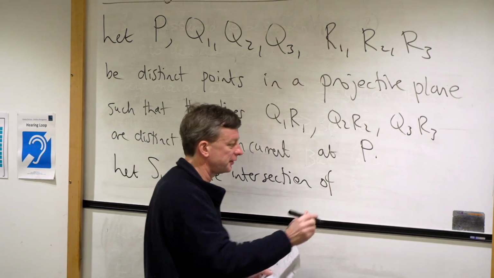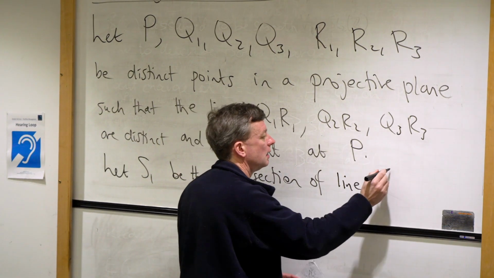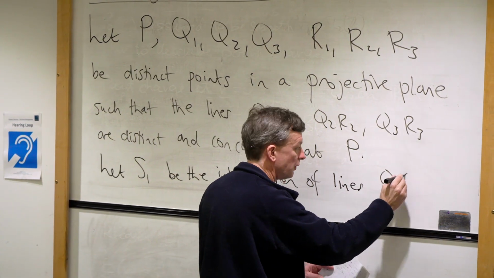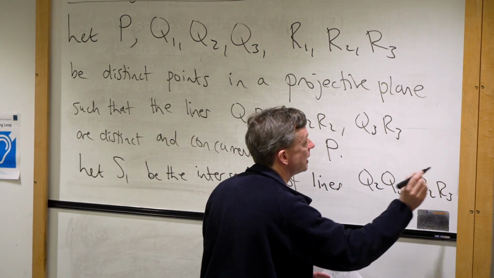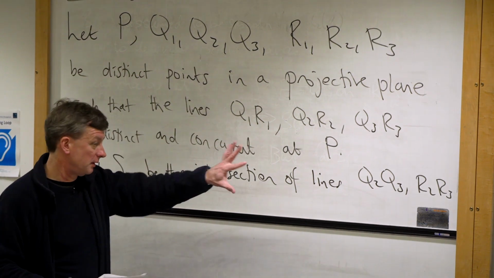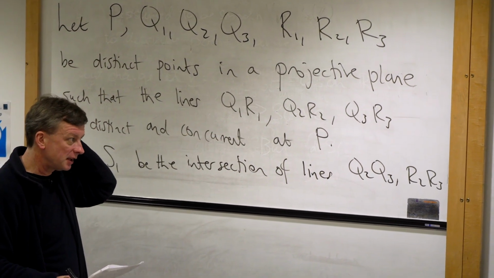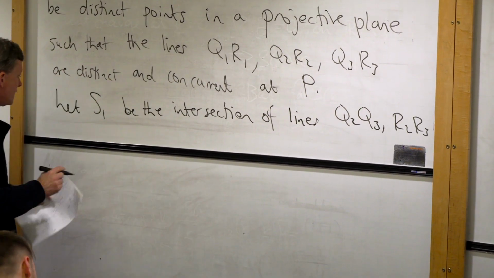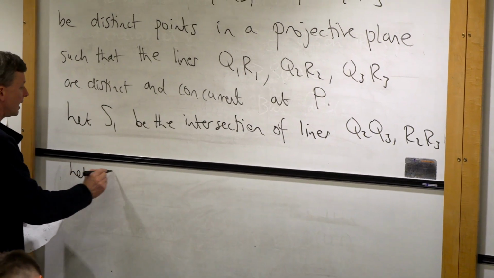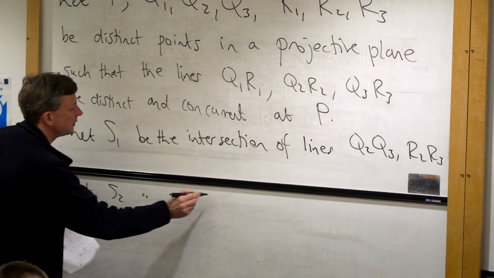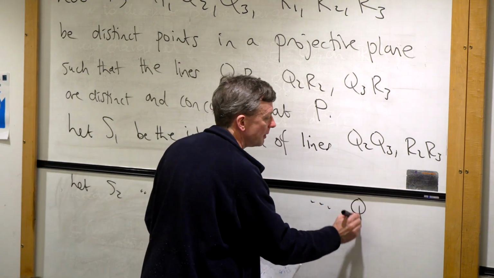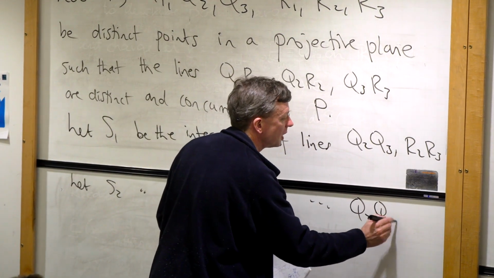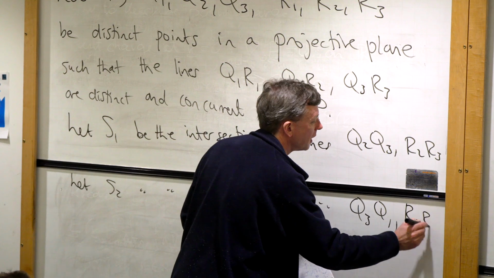of the lines Q2, Q3 and R2, R3. These lines, well, any 2 lines, if they're distinct, have a unique point of intersection, and S2 is the intersection of the lines we're going to cyclically permute, so Q3, Q1 and R3, R1.